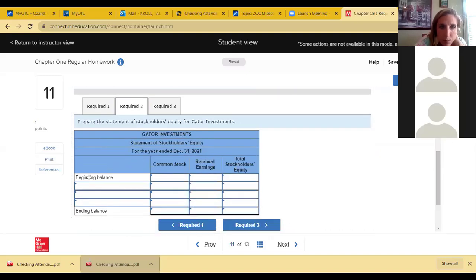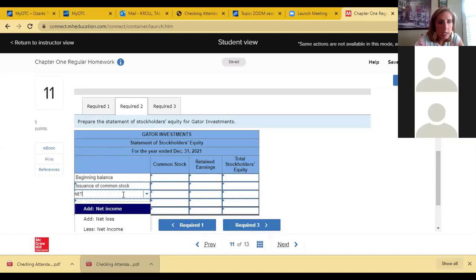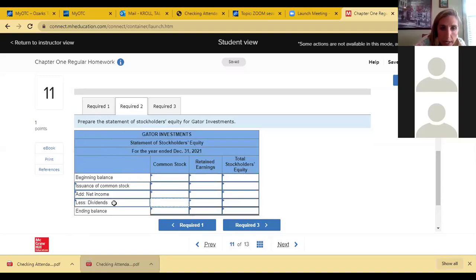This is always set up with a beginning balance at the top. Sometimes your beginning balance is 0, but it always needs to say beginning balance on that first line. And then I issue common stock, and I know I had a net income, and it has to say add on the net income. And then I also have an option for dividends, which may or may not be something they paid in this problem.